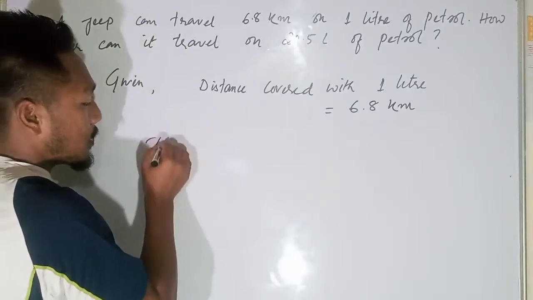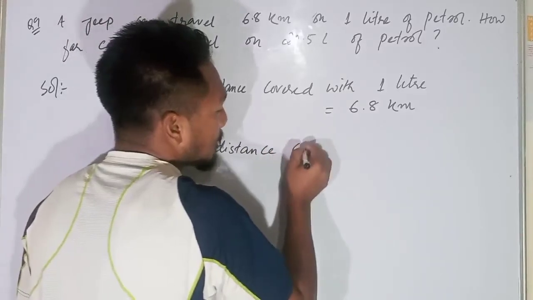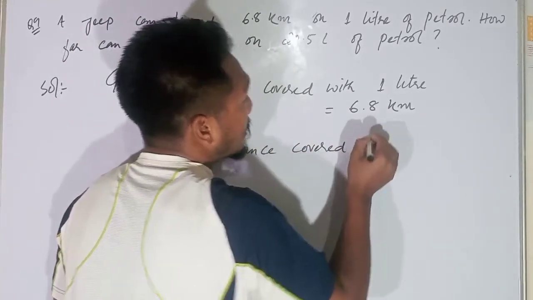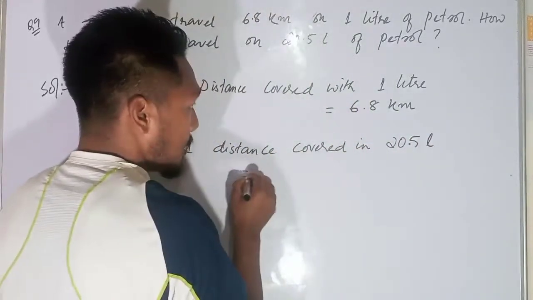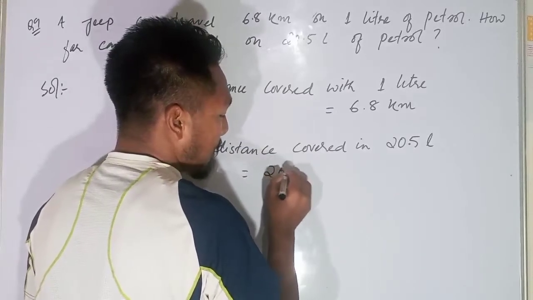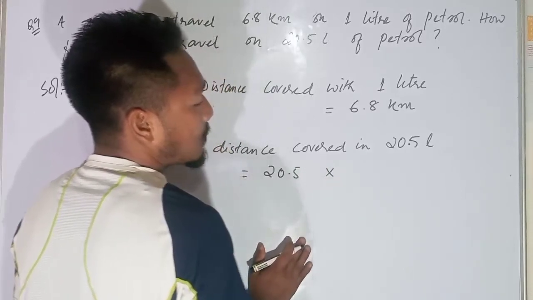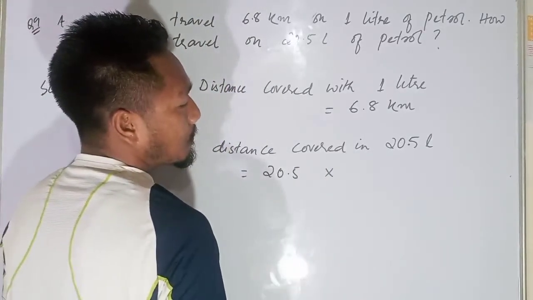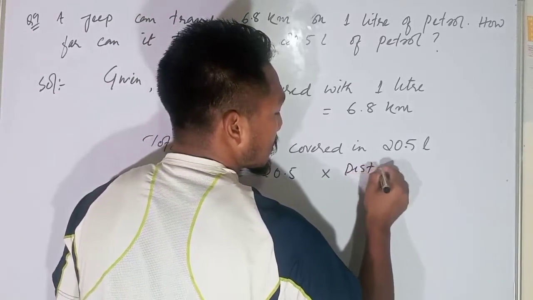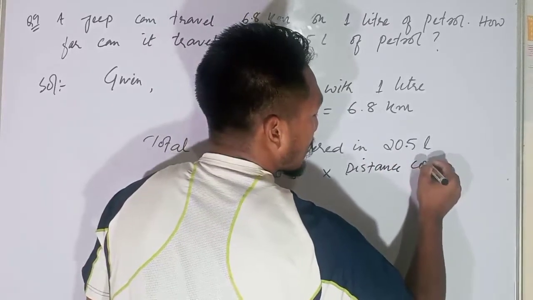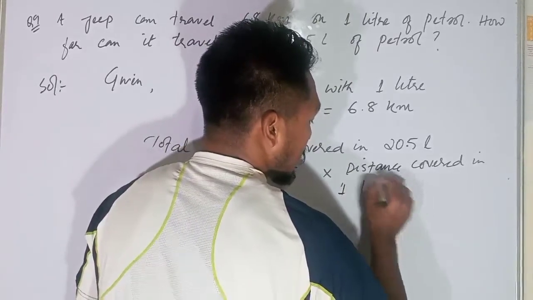So total distance covered in 20.5 liters will be how much? 20.5 liters into the distance covered in 1 liter.